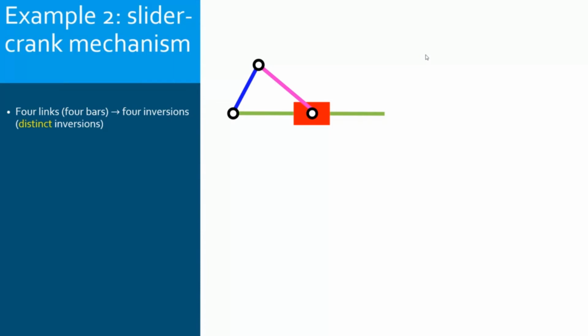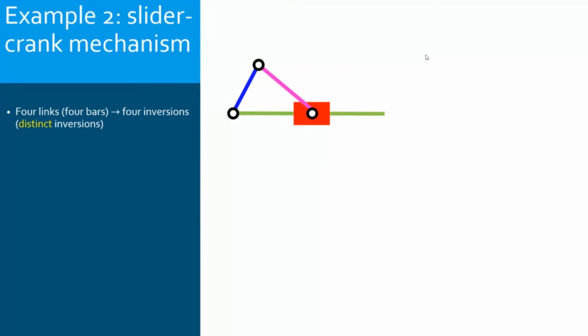So here we have 2 differences. There is 1 difference in the links because there is 1 slider and 3 bars, and there is a difference in the kinematic pairs because we have 3 pin joints and 1 prismatic joint. So grounding one or the other here will lead to 4 distinct inversions.